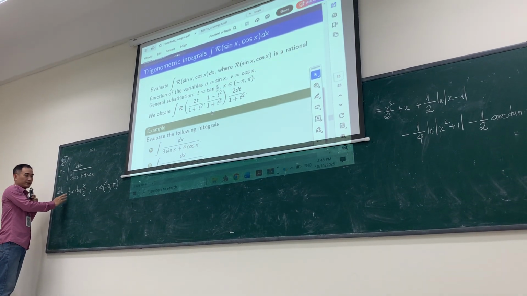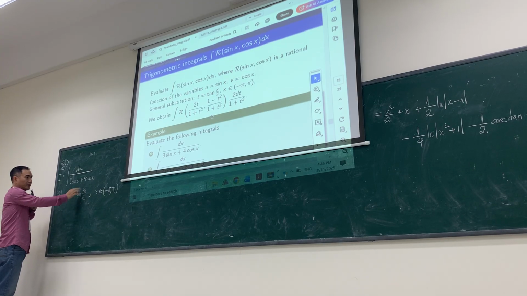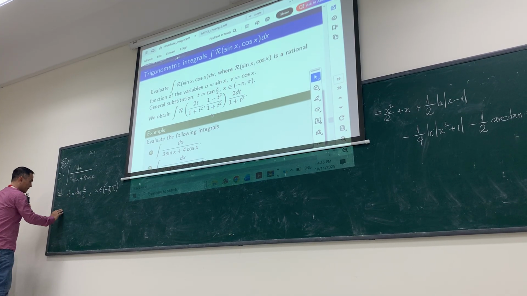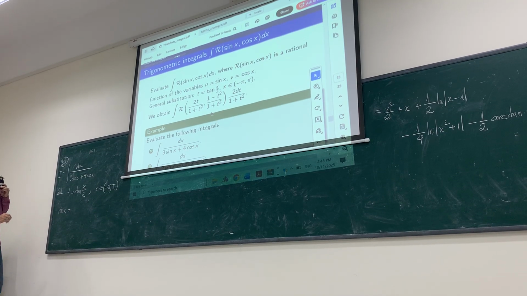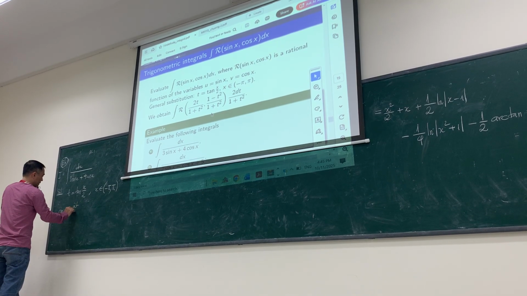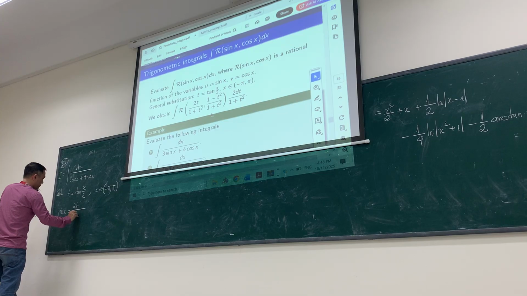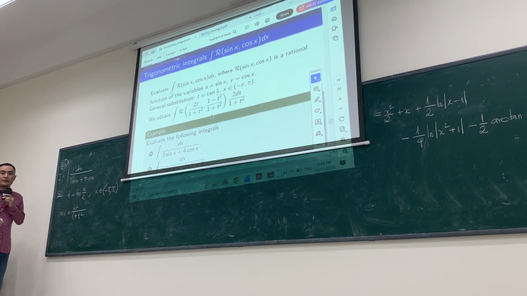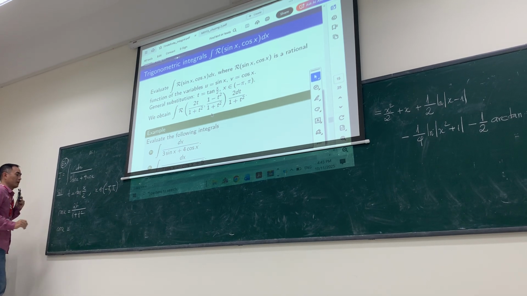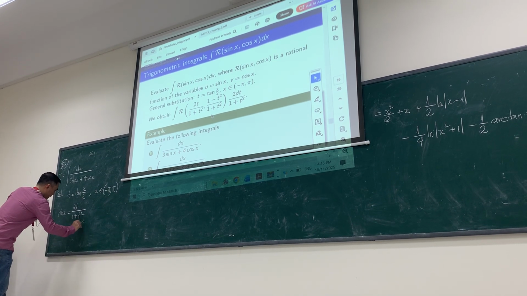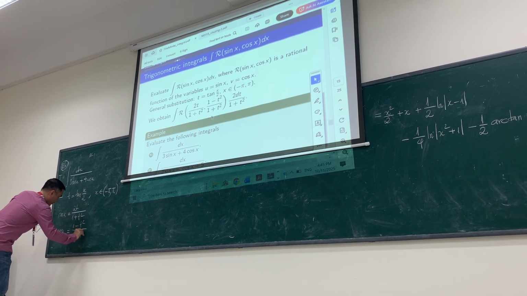When we take the substitution t equals tangent x over 2, we can estimate sin x is equal to 2t over 1 plus t squared, and cosine x is equal to 1 minus t squared over 1 plus t squared.